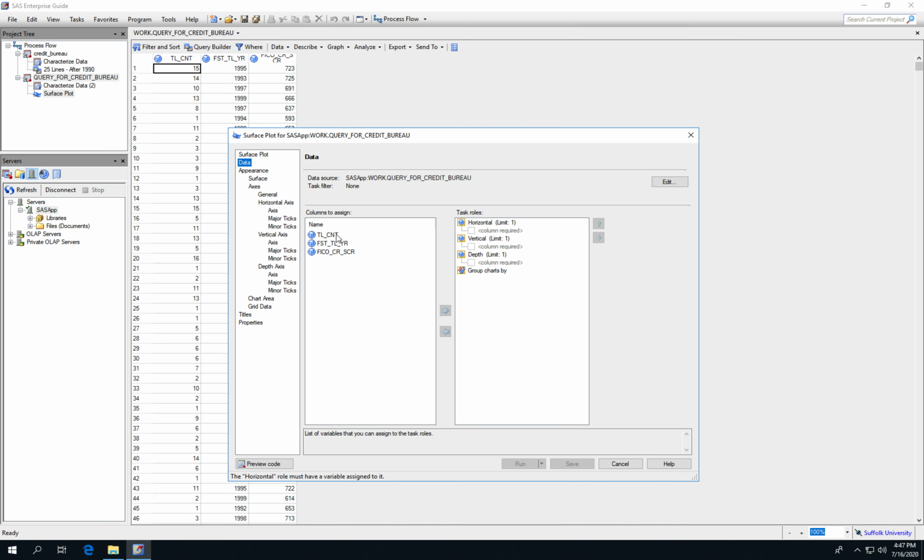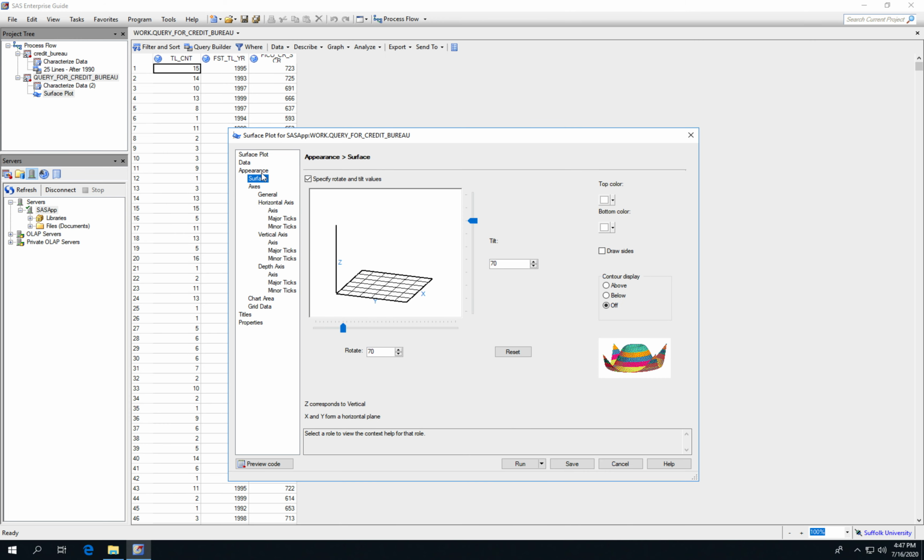Here I'm going to take the year and put it in the horizontal. I'm going to take the FICO score, since that's the one I'm interested in looking at or predicting, and put it in the vertical. And then I'm going to put my count in my depth. So in a way you can think of x, y, and then my dependent variable. There are other pieces here.